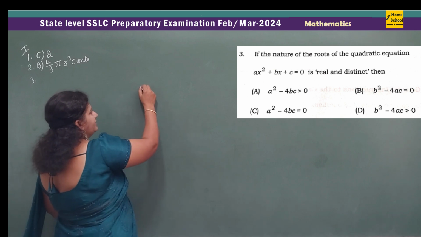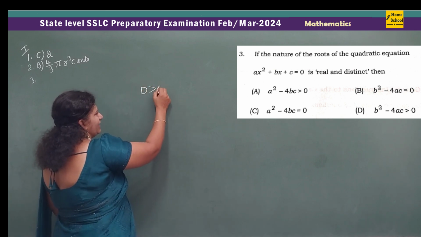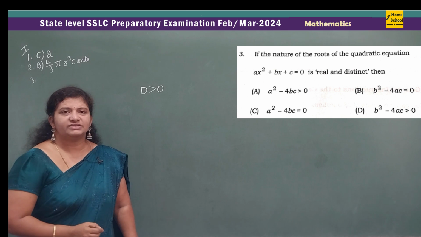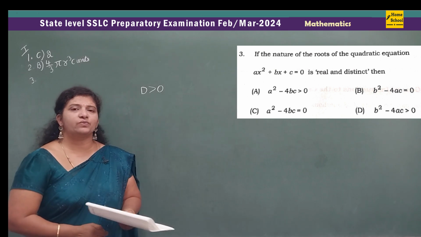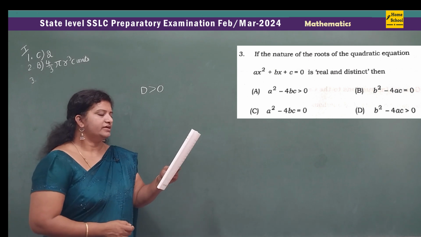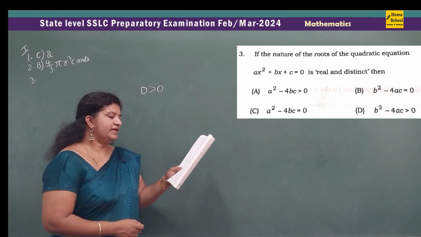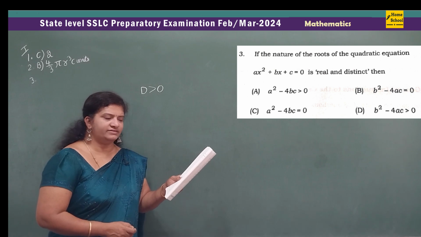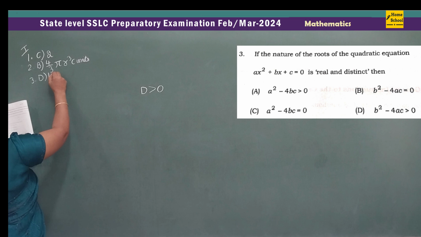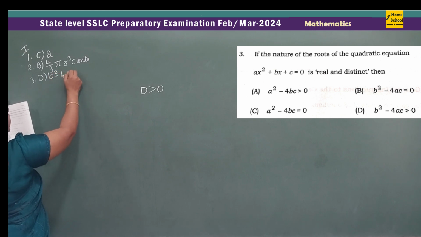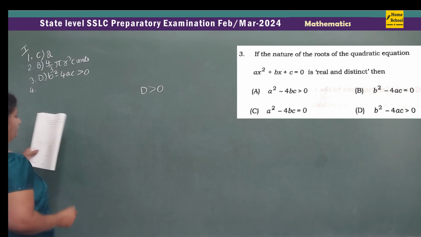That means the discriminant is greater than 0. What is the D value? B square minus 4ac. Check for that option. B square minus 4ac greater than 0. It is your option D. B square minus 4ac greater than 0.